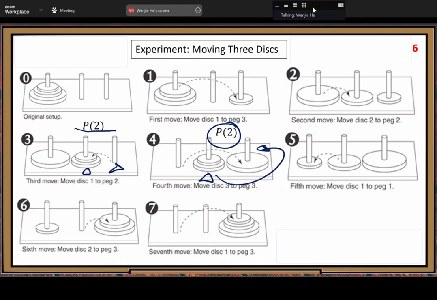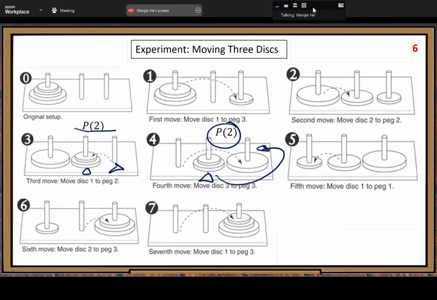We should be able to get enough information from this experiment result to extend it to the general n-disk case. That's the idea. So what do we need to do?